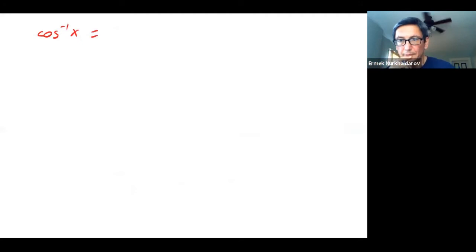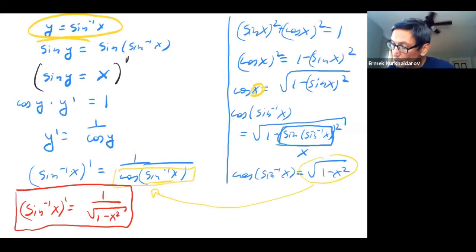Exactly the same thing will happen if we take the derivative of cosine inverse. I'm basically going to be doing exactly the same steps. The only catch is going to be when we're doing the derivatives.